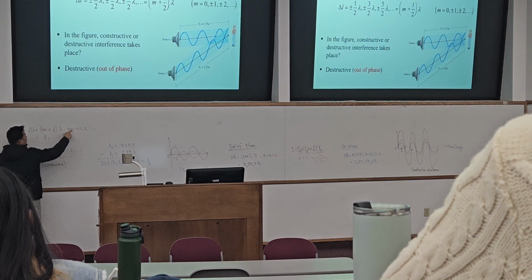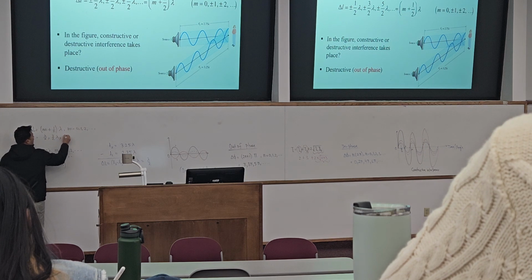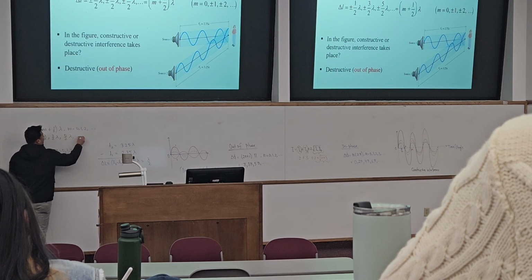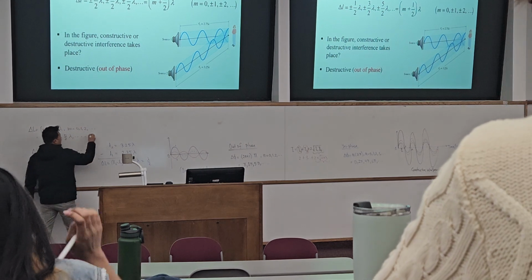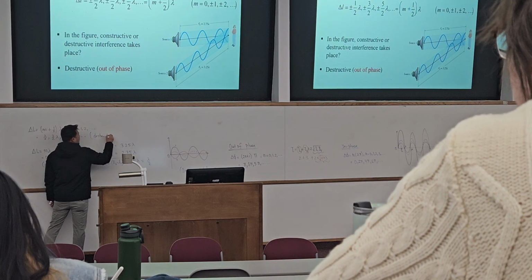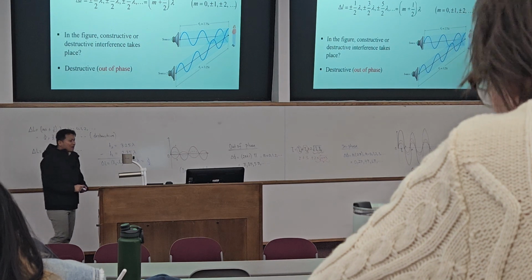N equal to 1 gives 1 plus 1 over 2, so 3 over 2 lambda, and then 5 over 2 lambda. You keep on going like that: the earlier case is constructive, and this time you have a destructive interference.